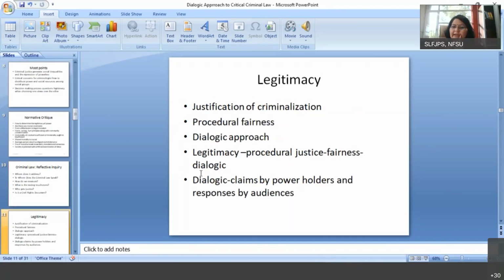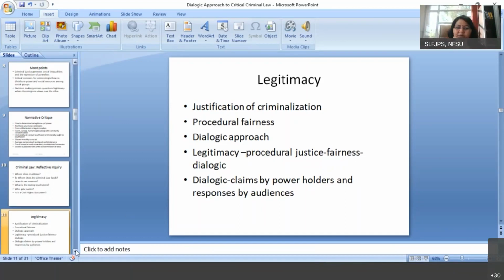Of course, one of the essential elements is that there should be some kind of dialogical principles that should apply in the procedure which you are applying in a particular case. But then, do you get the responses from the audience? Because for establishing any kind of dialogue, you need an audience, and how do you take the responses from the dialogue?